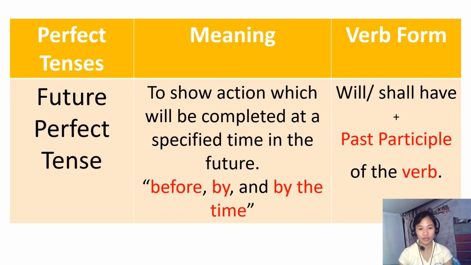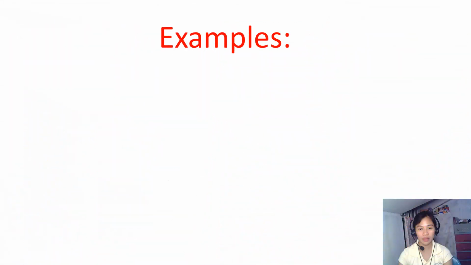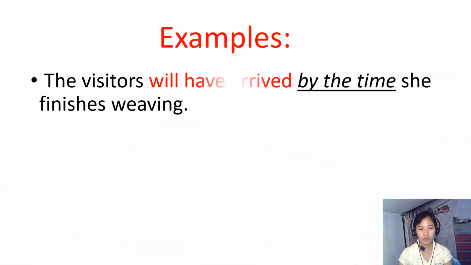Take a look at this example. The visitors will have arrived by the time she finishes reading. Our verb form is will have arrived, will have plus the verb arrive, and we use the time signal by the time to show that it will happen in the near future.